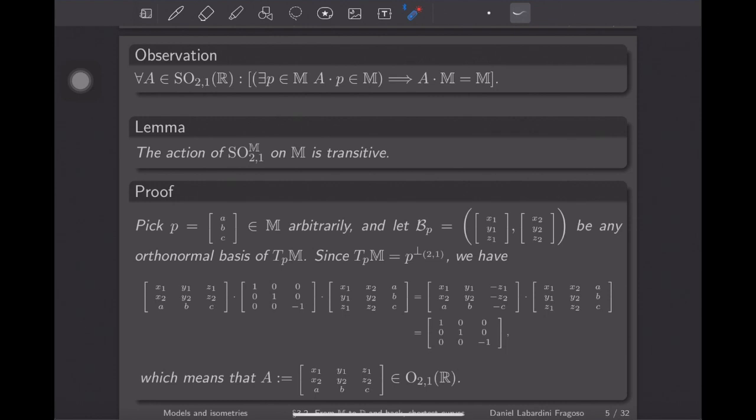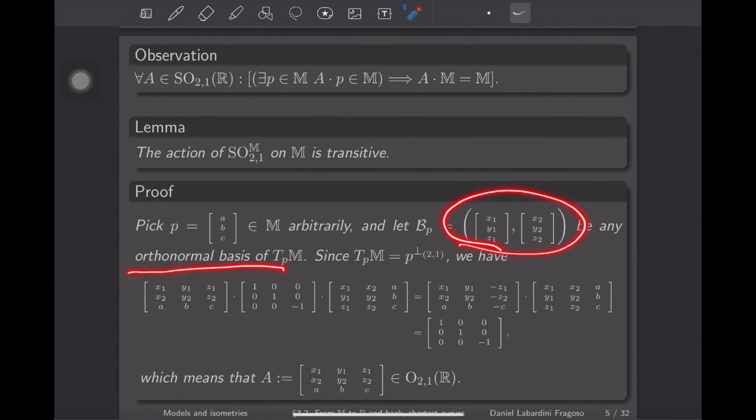So take an arbitrary point and take any orthonormal basis of its tangent plane, right? We know that Minkowski's form defines an inner product on the tangent plane, and then of course I can take an orthonormal basis because I can speak about orthogonality and about vectors of length 1. So this notion perfectly makes sense.